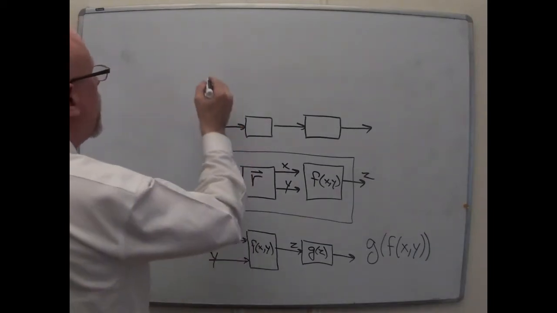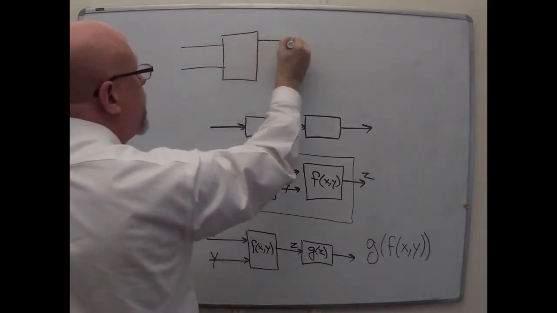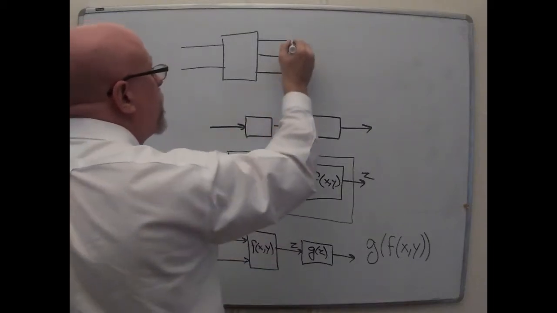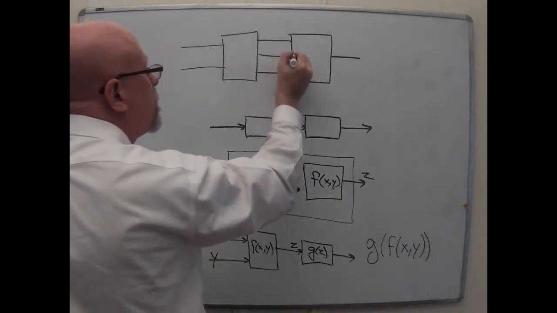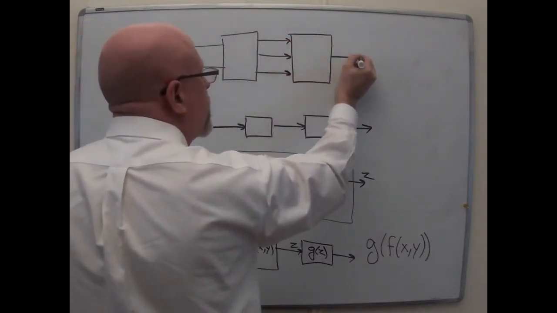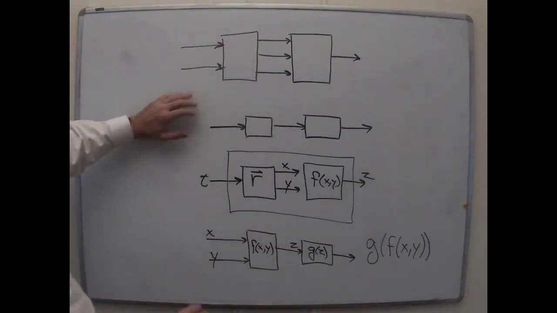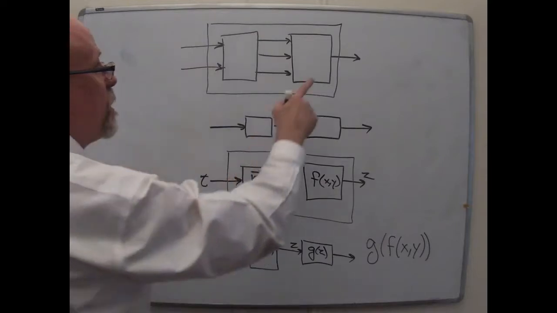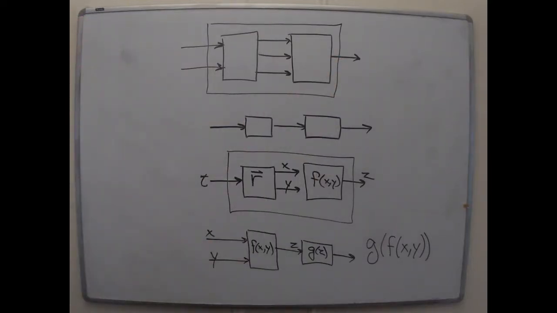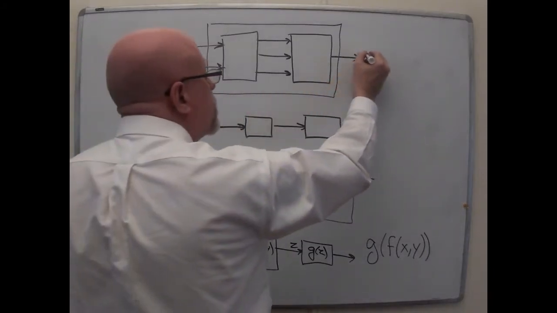What if I had two inputs going into a function that had 3 outputs, and those 3 outputs were fed into another function that went maybe to a single final output? So that's a pretty complicated setup. But overall, if you think about the overall structure of this composition, it's 2 inputs and a single output. Well, that's this kind of guy, right? That's our z equals f of x y kind of machine. x and y going in, z coming out.